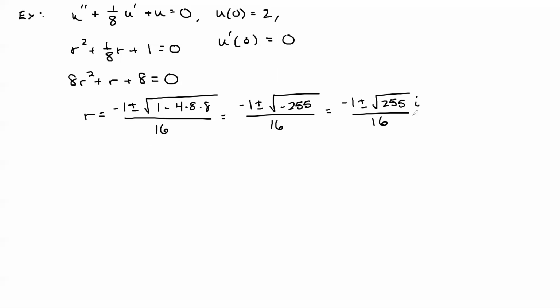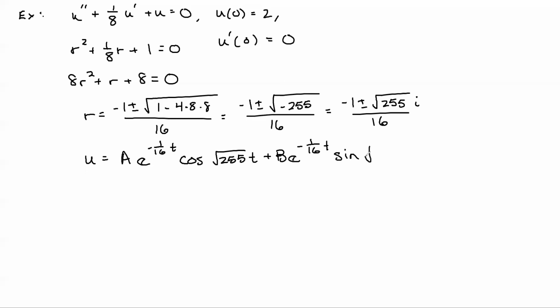And so from there, we have complex conjugate roots. So we can say that u is going to equal a e to the -1/16 t cosine root 255 t plus b e to the -1/16 t sine root 255 t.